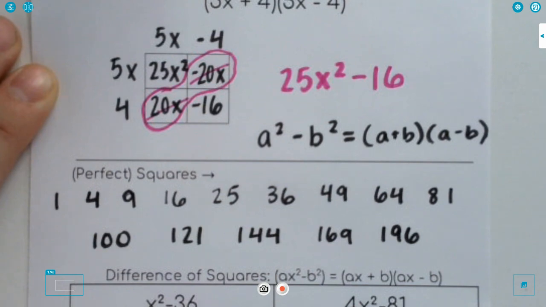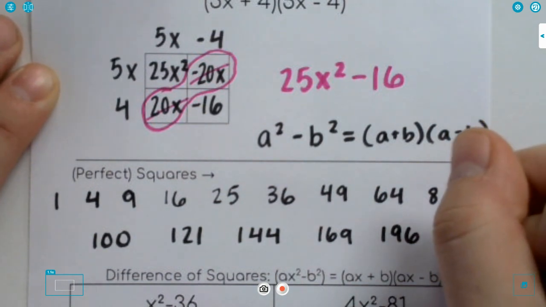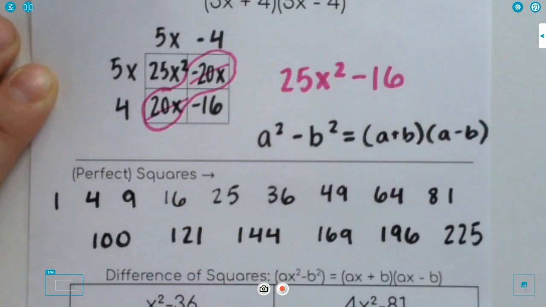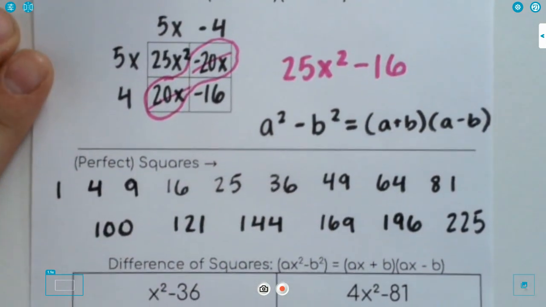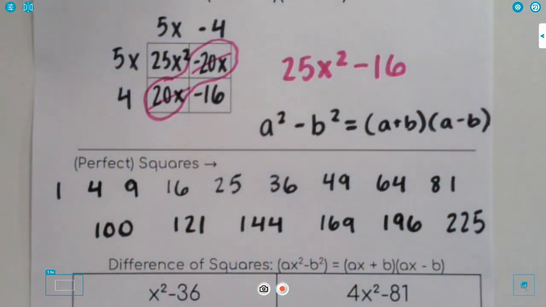And then 15 times 15 is 225. So I'm just writing those all down so that I've got them handy. You'll start memorizing. Like, we know that 10 times 10 is 100, and then you can memorize the ones below and above that.